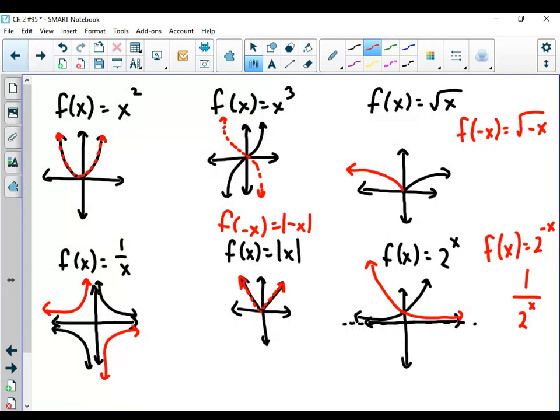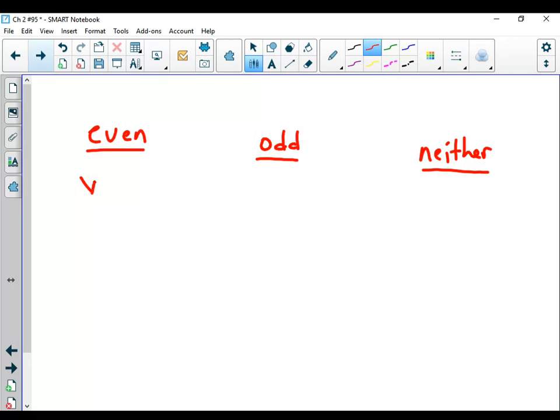So which ones did we say would be even here if that's the case? Which ones did I reflect over the y-axis and I ended up with the exact same graph? What was one of them? X squared. What was the other one? Absolute value of x. So from these 6 that are up here, the 2 that would be considered even would be y equals x squared and y equals the absolute value of x.